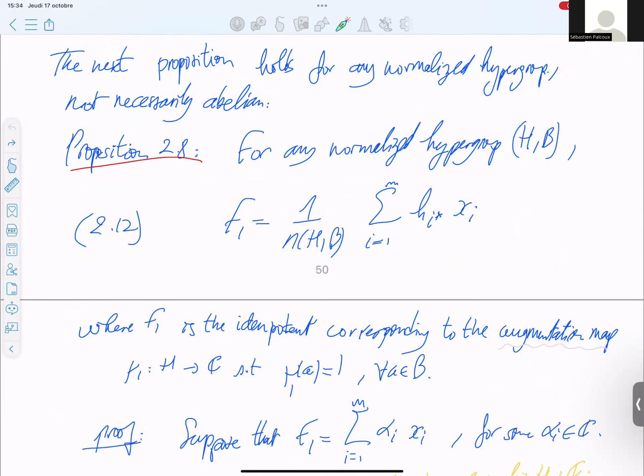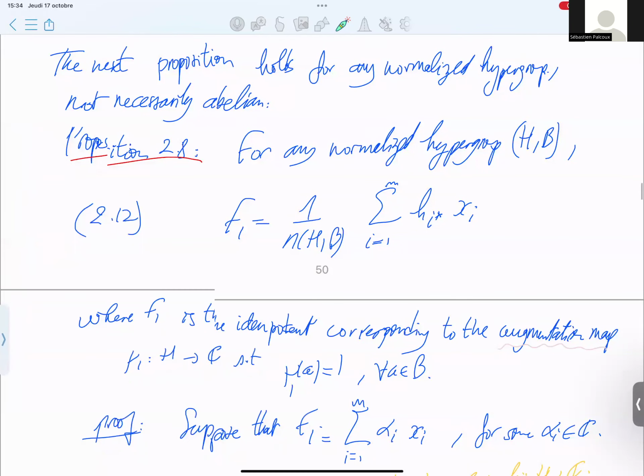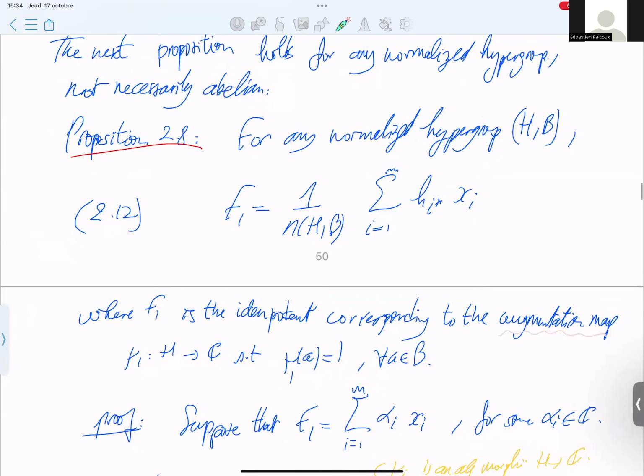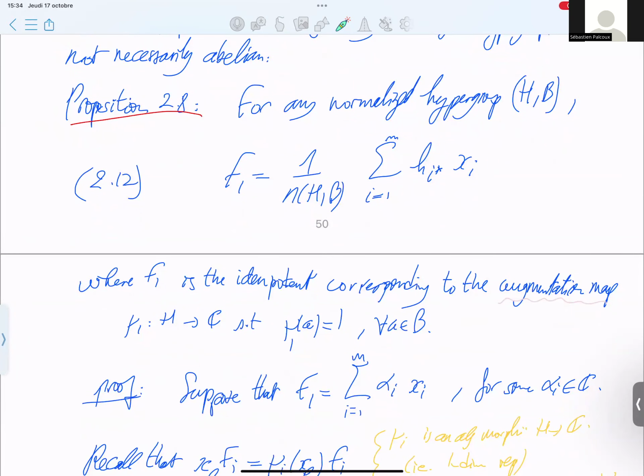So the next proposition holds for any normalized hypergroup. Here we don't need to assume the hypergroup to be abelian. So you take a normalized hypergroup, you define this F1 like that.